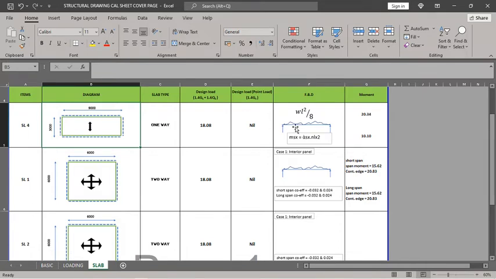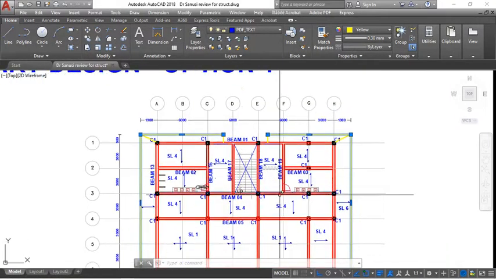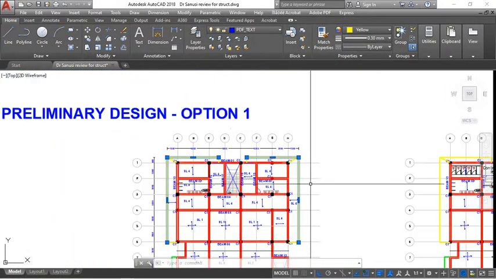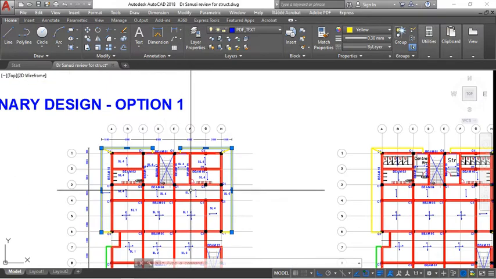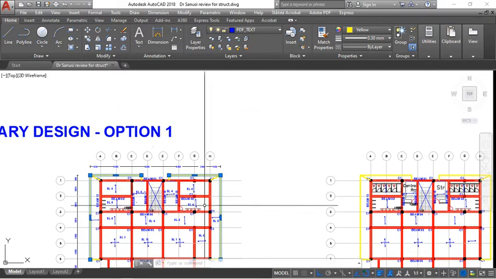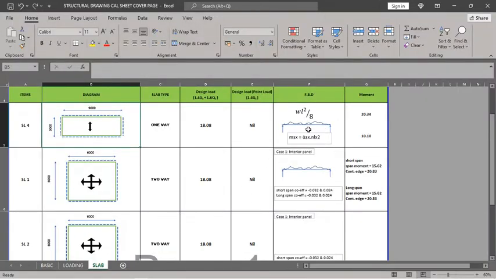Now if I am designing manually for a one-way slab, I know that if I'm taking the slab apart, assuming I'm taking this slab away from this model, then I have something like this. Then the normal formula that we have is WL squared over 8, which will give me the maximum span moment.